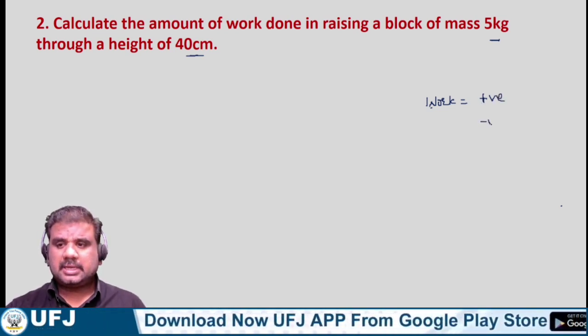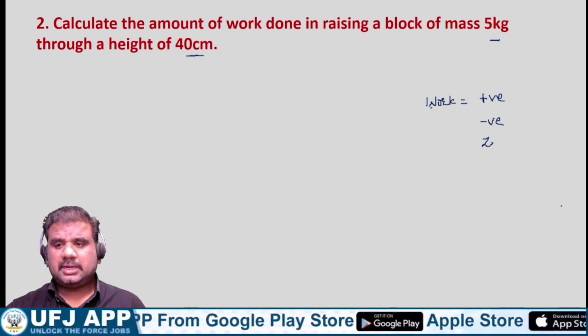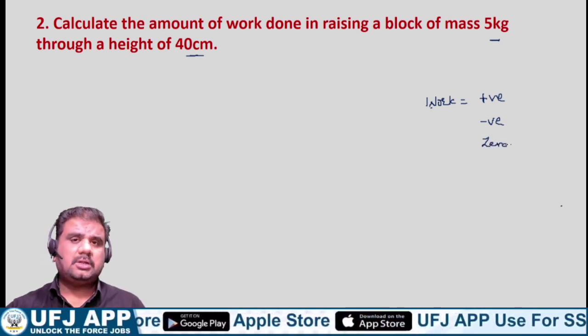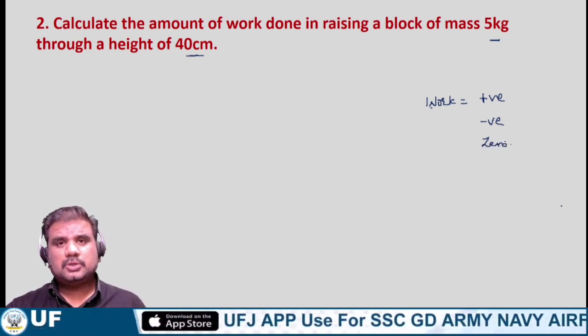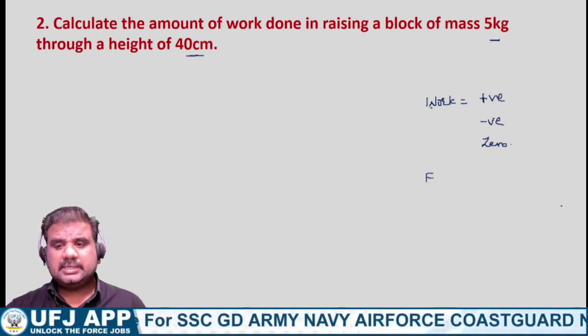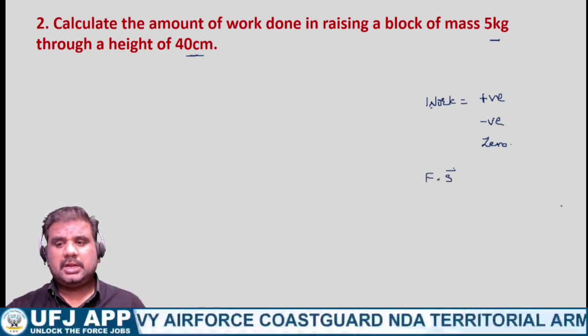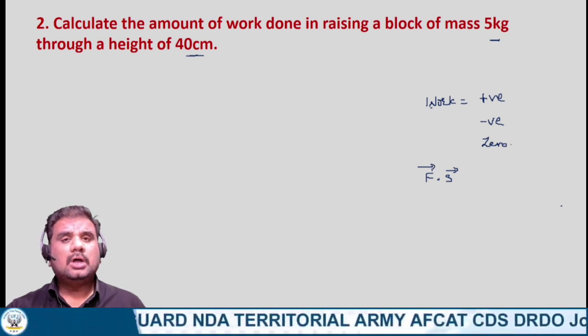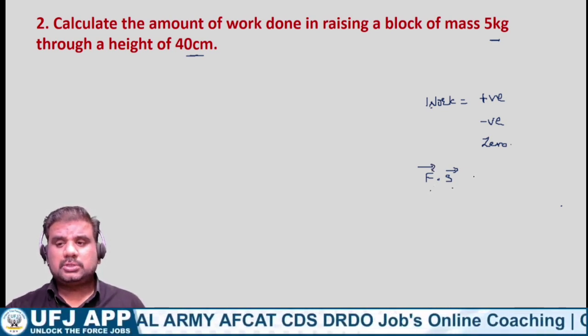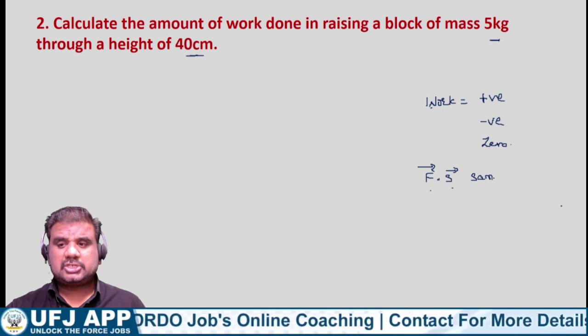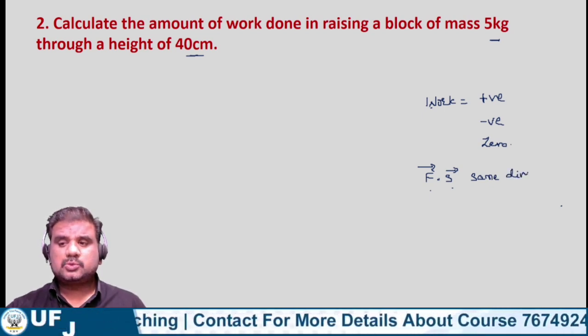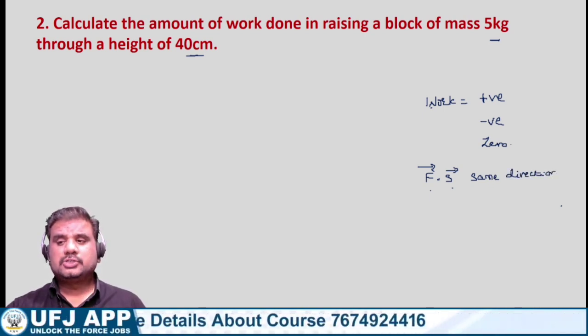Later the work done can be negative, at the same time the work done can be even 0 ani anta. So when the work done is positive, force and displacement rendu kuda oke direction lo unnappudu, right, force and displacement both are in same direction, then in that particular case work done is said to be positive work ani antam.